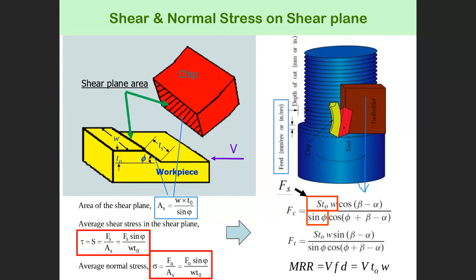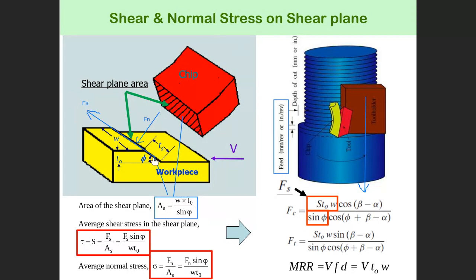This is the shear force applied here, which we call Fs. And we also have the normal force applied here, Fn. So in the shear area we have Fs and the normal force Fn.